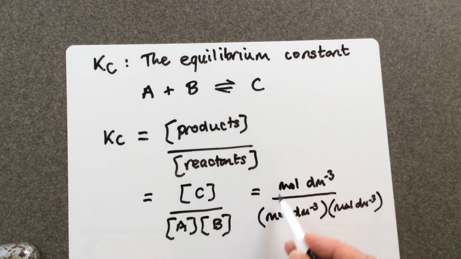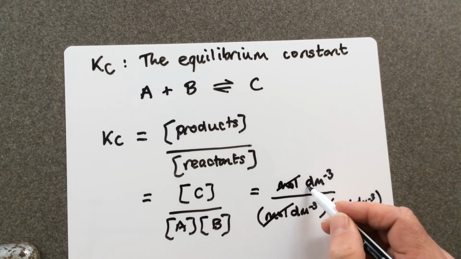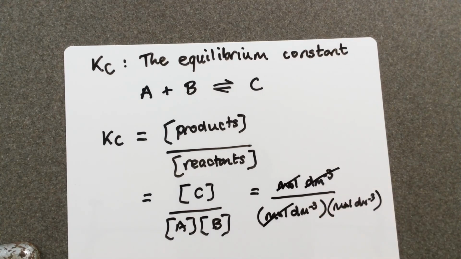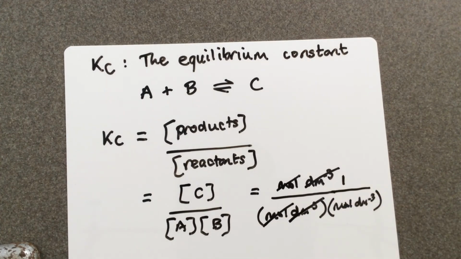If I were to simplify this expression, I've got a moles on the top, and that will cancel with one of the moles on the bottom. I've got a dm to the minus 3 on the top, and I've got a dm to the minus 3 on the bottom. Now, if I cancel everything out on the top, that's going to leave behind effectively a 1. So what I have got in terms of units here is 1 divided by moles per decimetre cubed.